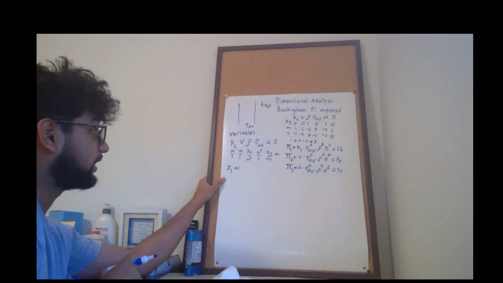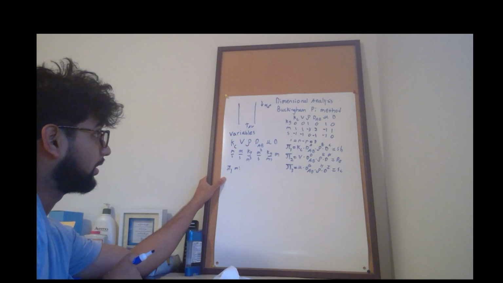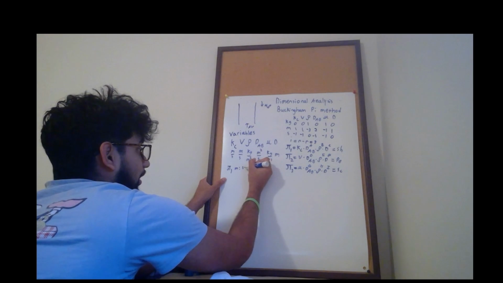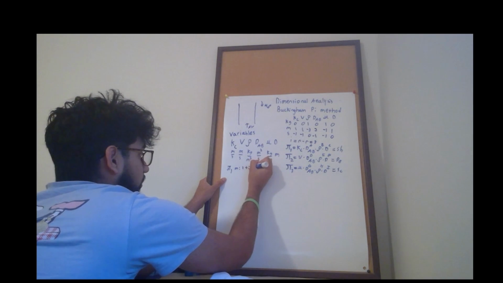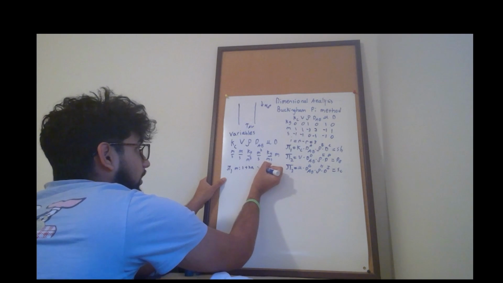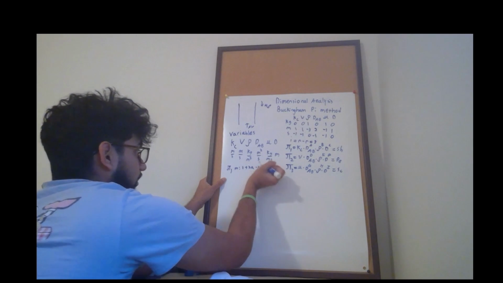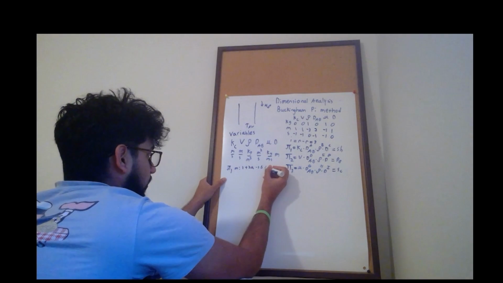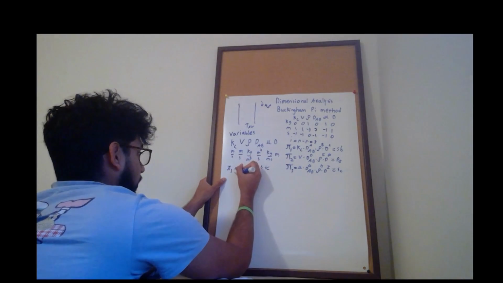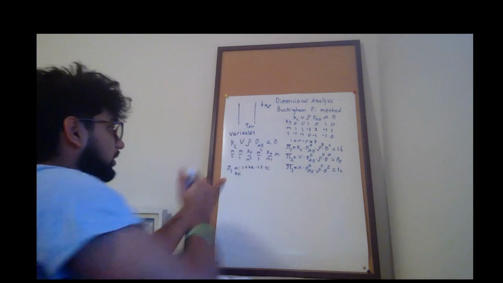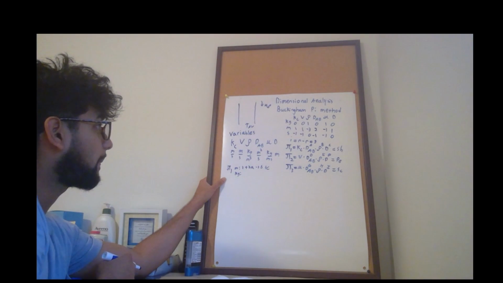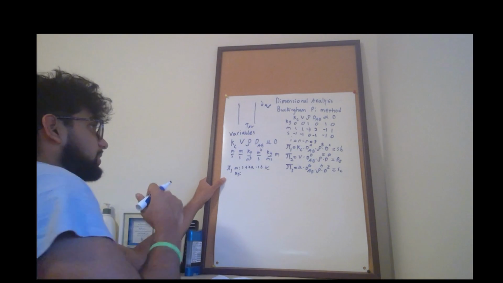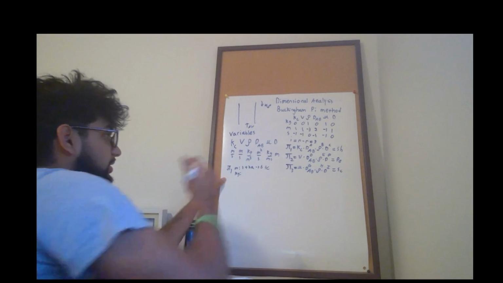So for mass, for the first pi group, we have 1 plus 2a minus 3b plus c, and for the kilograms, there is only one term with kilograms in it, and that is the density.